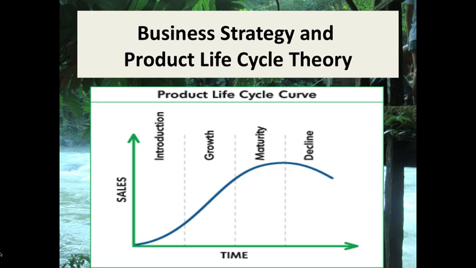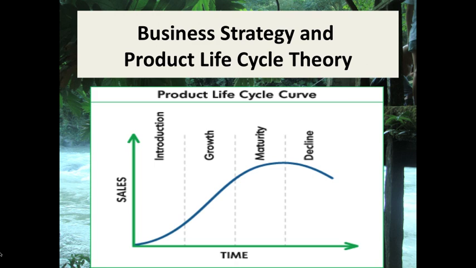So if you are introducing a product in the introduction phase in an emerging industry, then the strategies you would use might be quite different than if you introduce the product in the maturity phase. In the introduction phase, you're going to focus more on innovation, getting the product out there first, developing distributor relationships and supplier relationships.